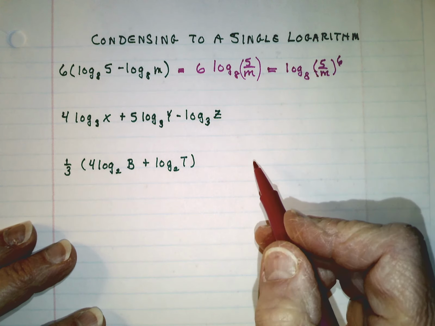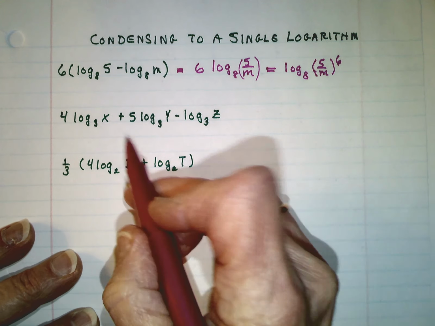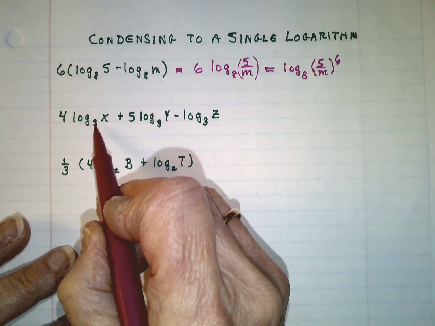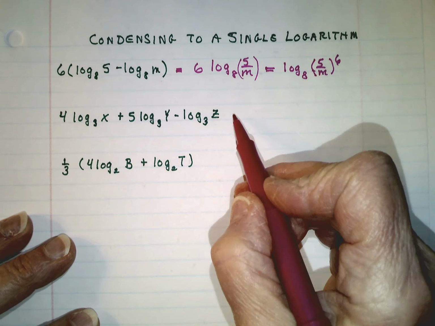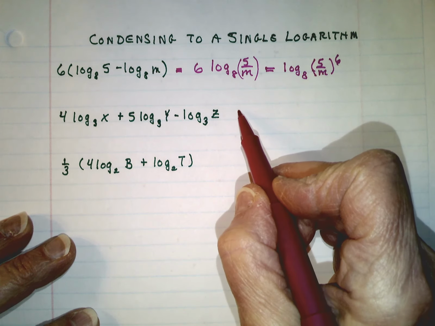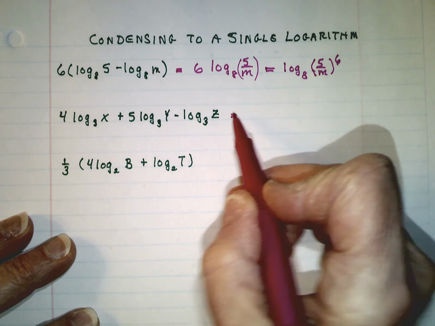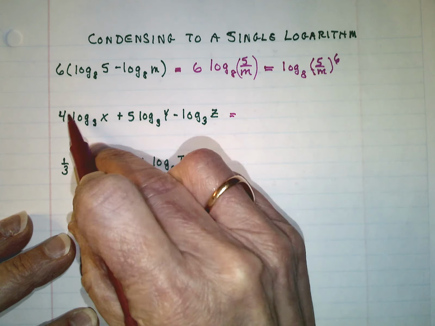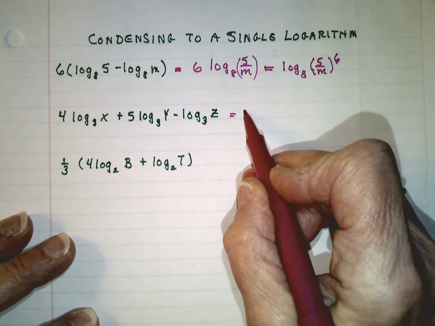On the next one, they're all just 3 separate terms. So we can deal with each term as it comes. Multiplying with logs implies powers. So we're going to write this one as log base 3 of x raised to the 4th power.